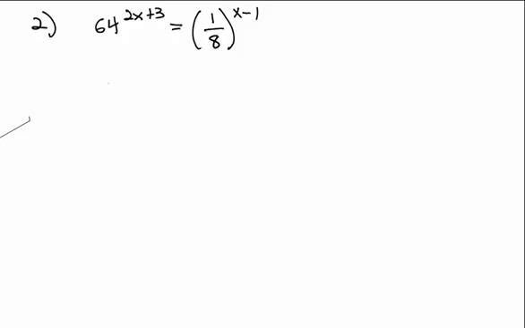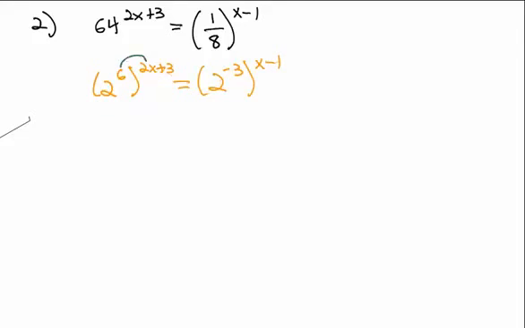Well, 64, that's 2 to the 6th power, with the 2x plus 3 outside. 8 is 2 to the 3rd power, and to make it a fraction, 1 over 8, we need a negative exponent. And that's all to the x minus 1 power.